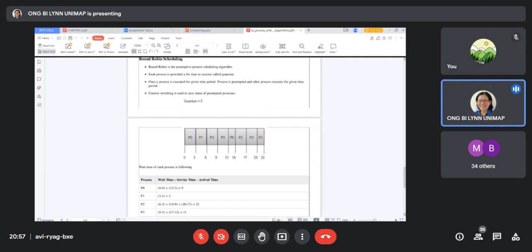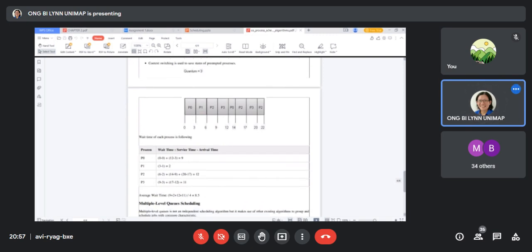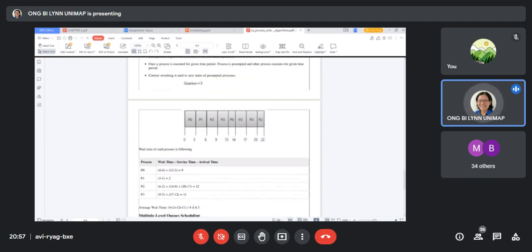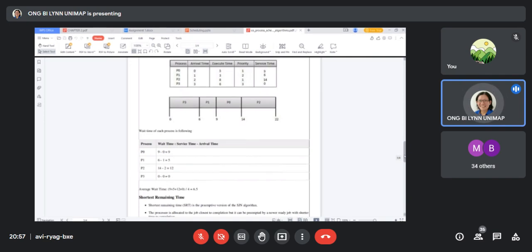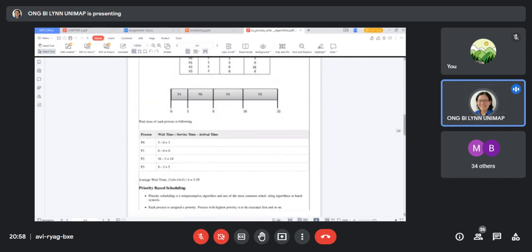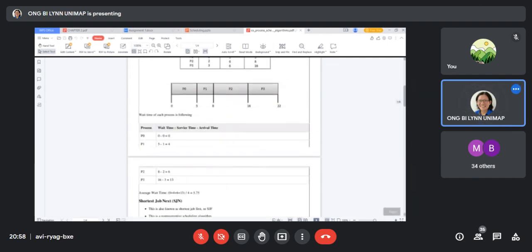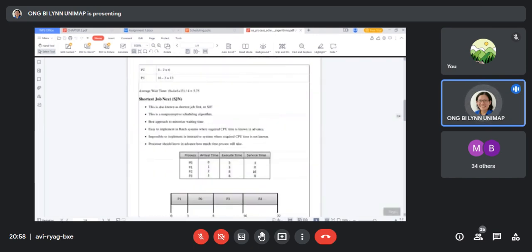So you are going to run the waiting time for round robin. When you look into the waiting time, 8.5 for round robin, 6.5 for priority, 5.5 for shortest job first, and 5.75 for first come first serve.